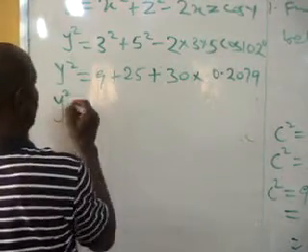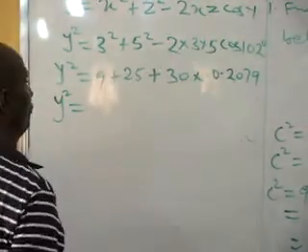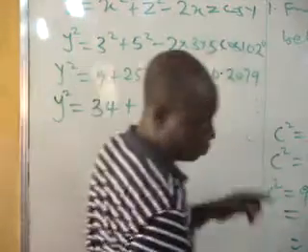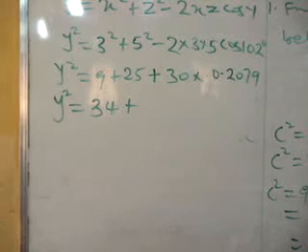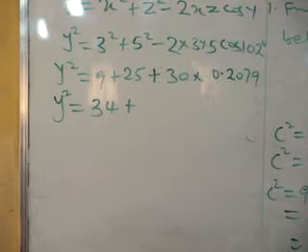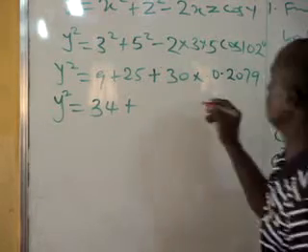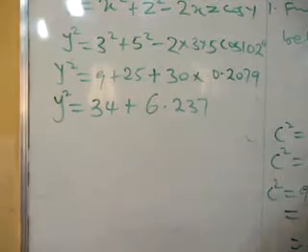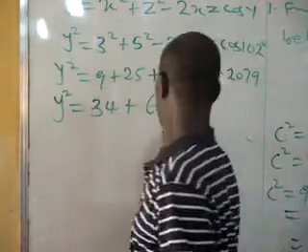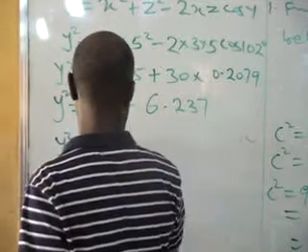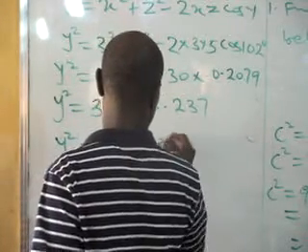So we now have Y squared equals 9 plus 25, that is 34, plus 30 multiplied by that, which will now give us 6.237. Add everything together: Y squared equals 34 plus this, that is 40.237.